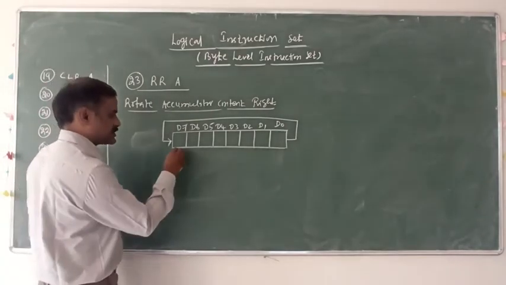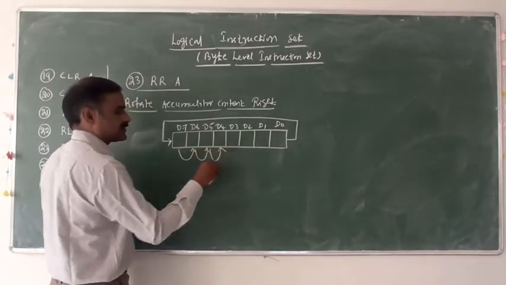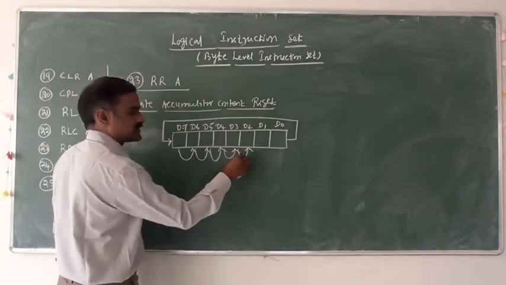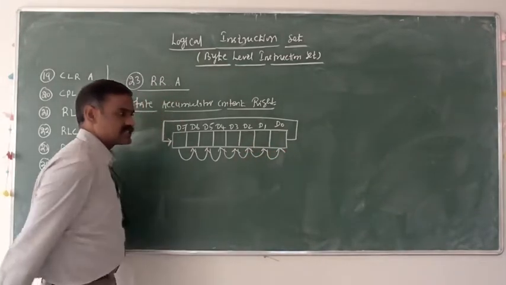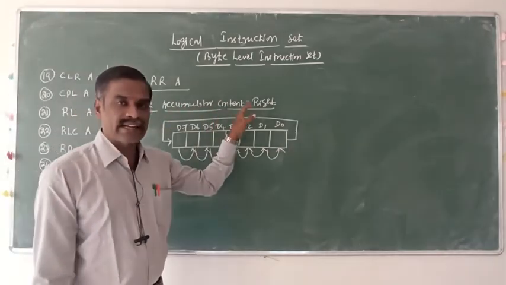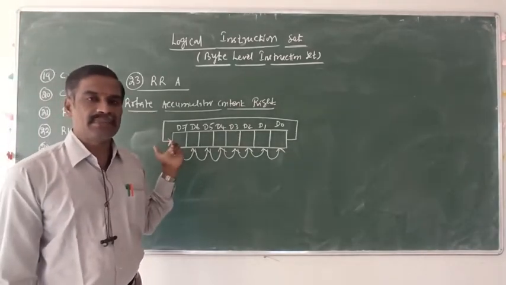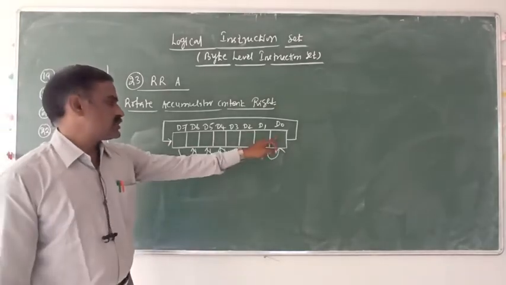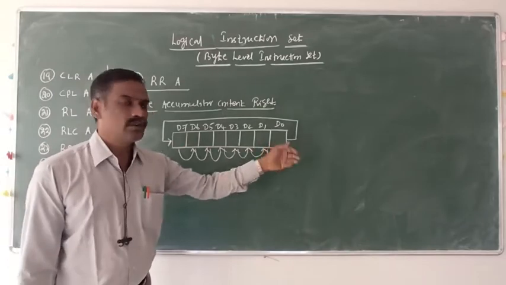The D7 position data moves to D6, D6 to D5, D5 to D4, D4 to D3, D3 to D2, D2 to D1 and D1 to D0. This is the operation of rotate accumulator content right without carry. The single bit data movement towards the right side: D0 to D7 and then D7 to D6, D1 to D0.